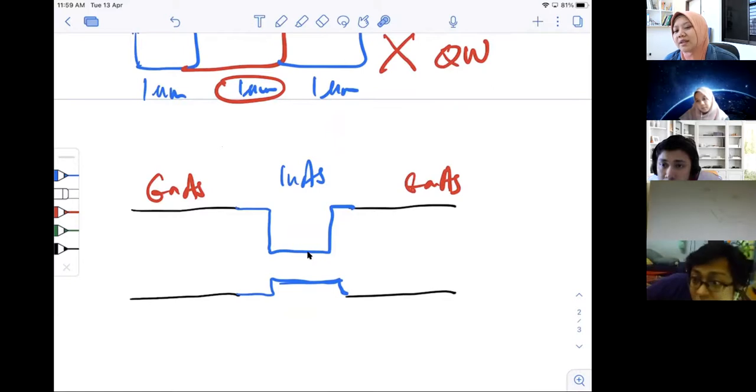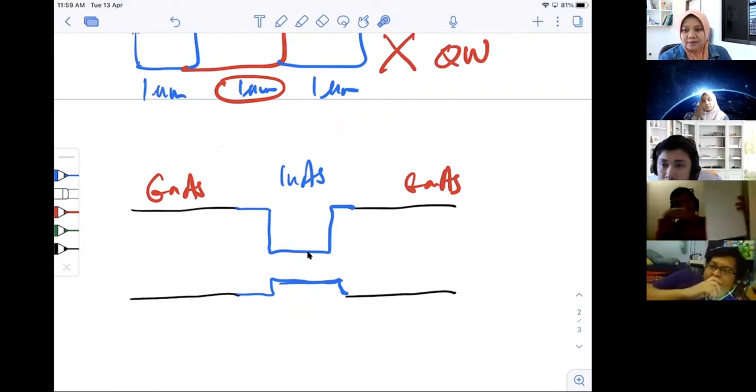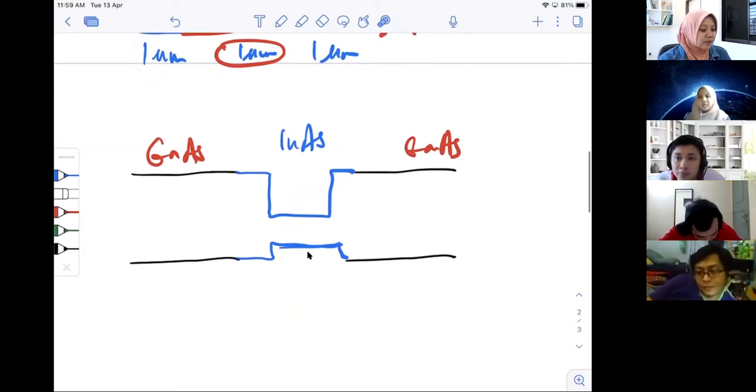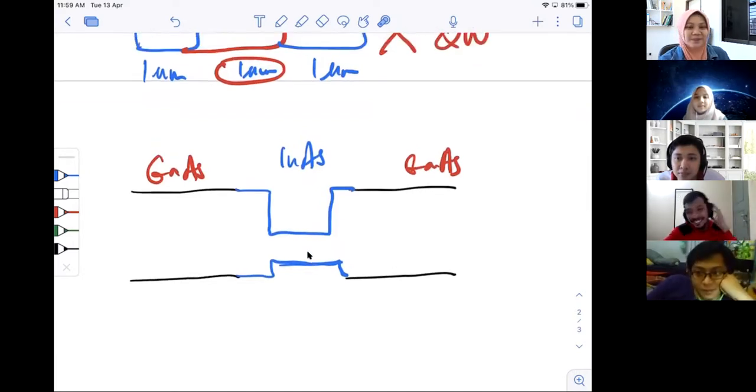That is PN. So, but tu bias apa? Zero bias, forward bias, reverse bias. Saya tak dengar awak cakap apa. Okay, so muted lagi. Saya tak tahu cakap apa. Okay.